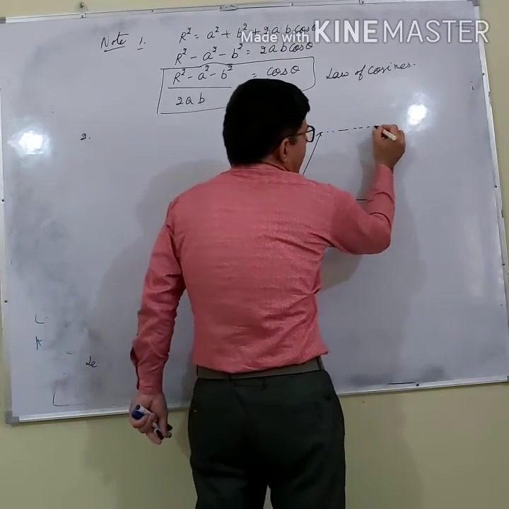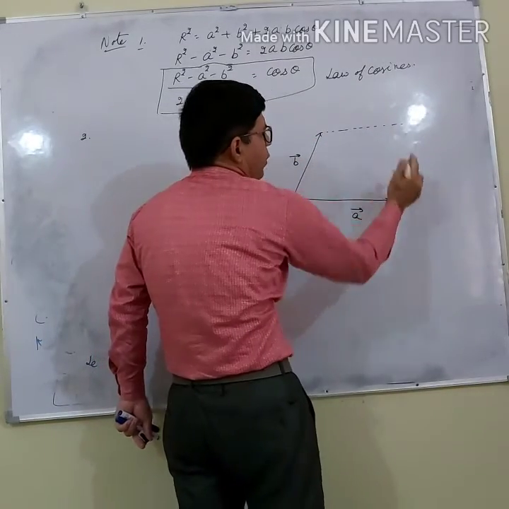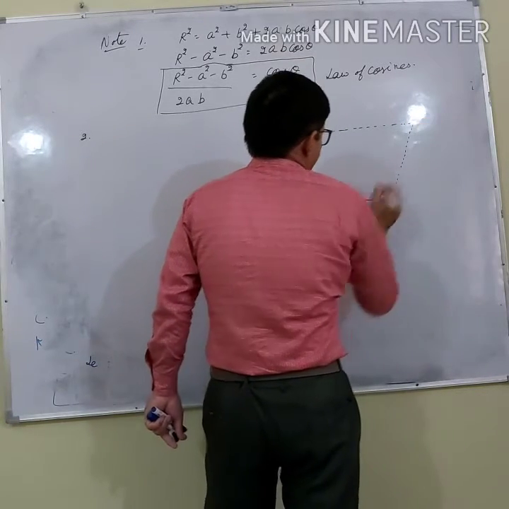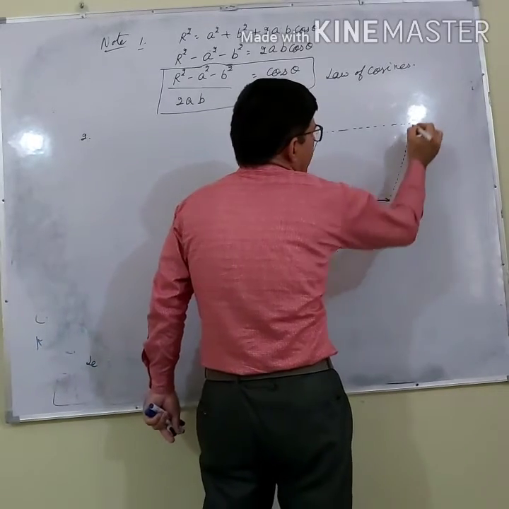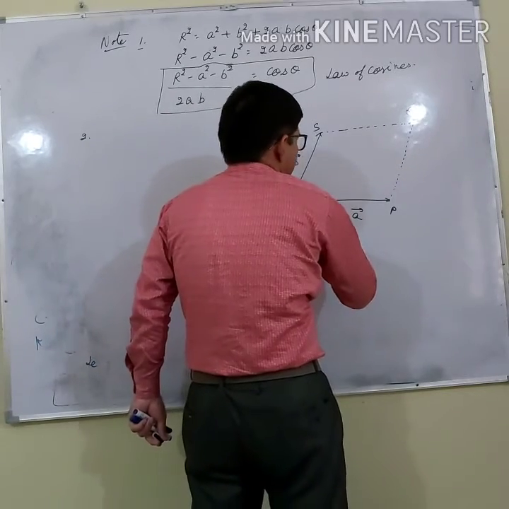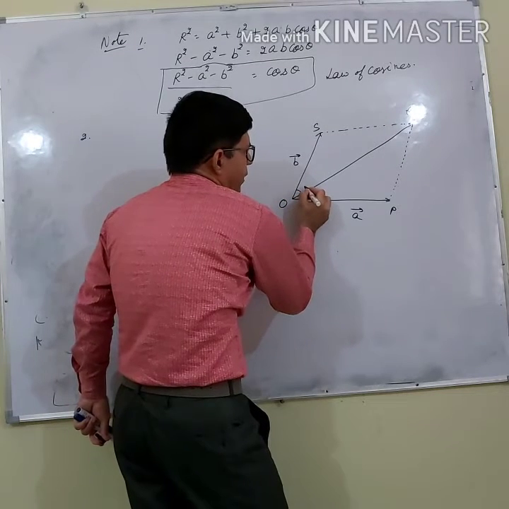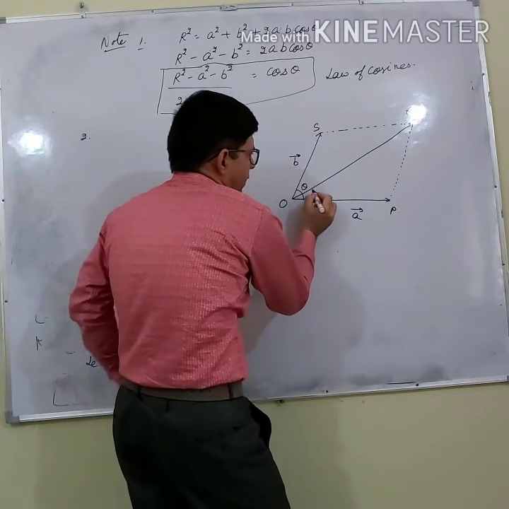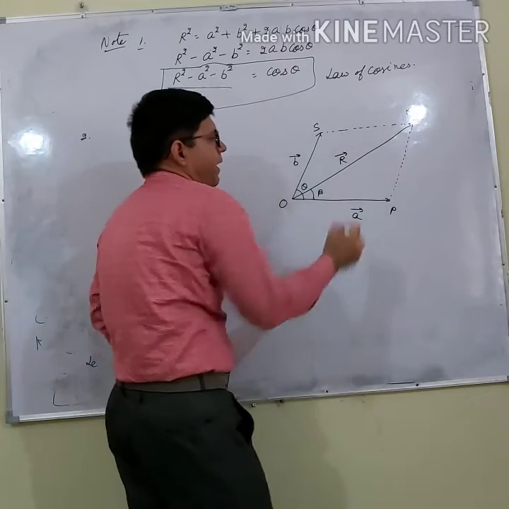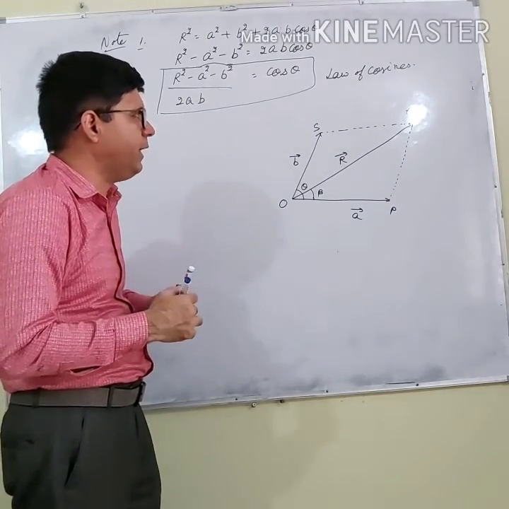Complete the parallelogram. Let us say we have completed the parallelogram by drawing a line parallel to A and lines parallel to B. Let us say this is O, P, Q, S, and this is the resultant. The angle between vectors A and B is theta, and the angle between the resultant and vector A we have taken as beta.